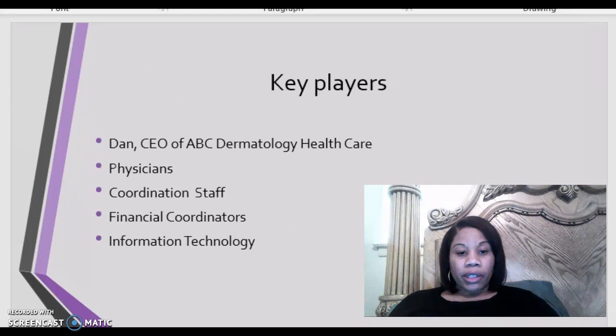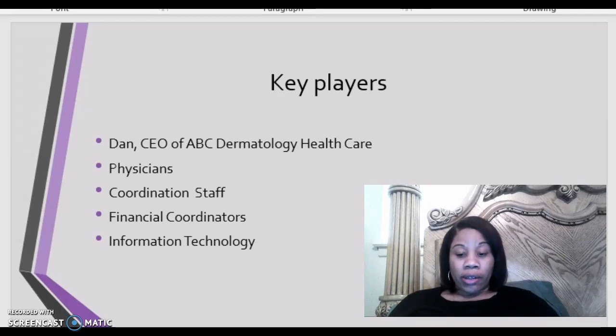The key players are Dan, the CEO of the office, physicians, coordination staff, financial coordinators, and information technologists. The responsibilities and roles of the key players in strategic planning and continuous quality improvement are as follows.